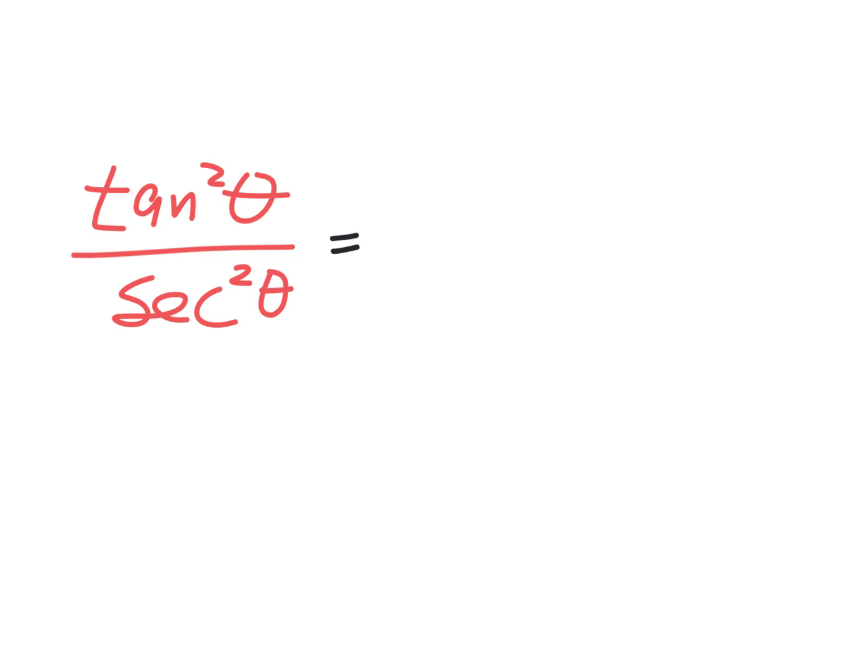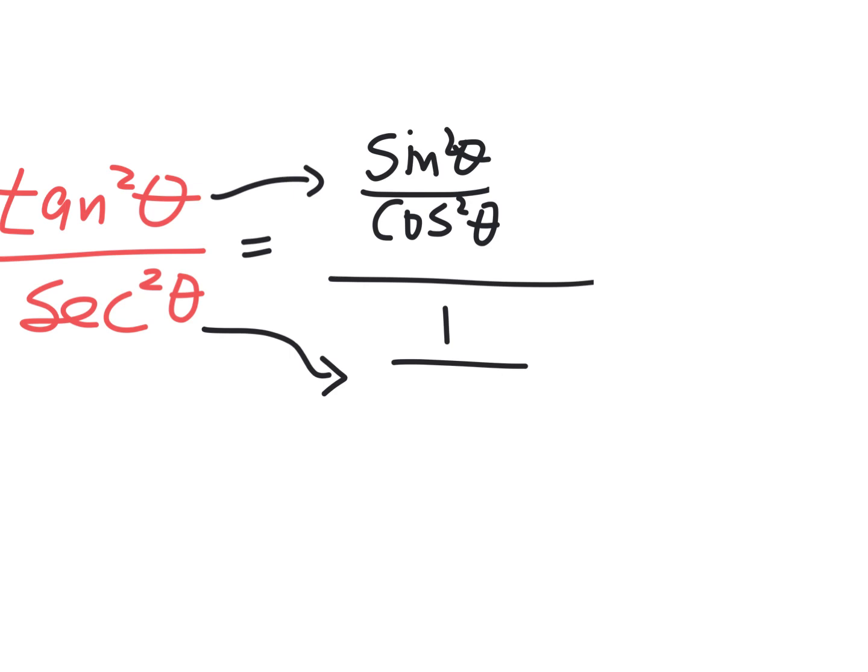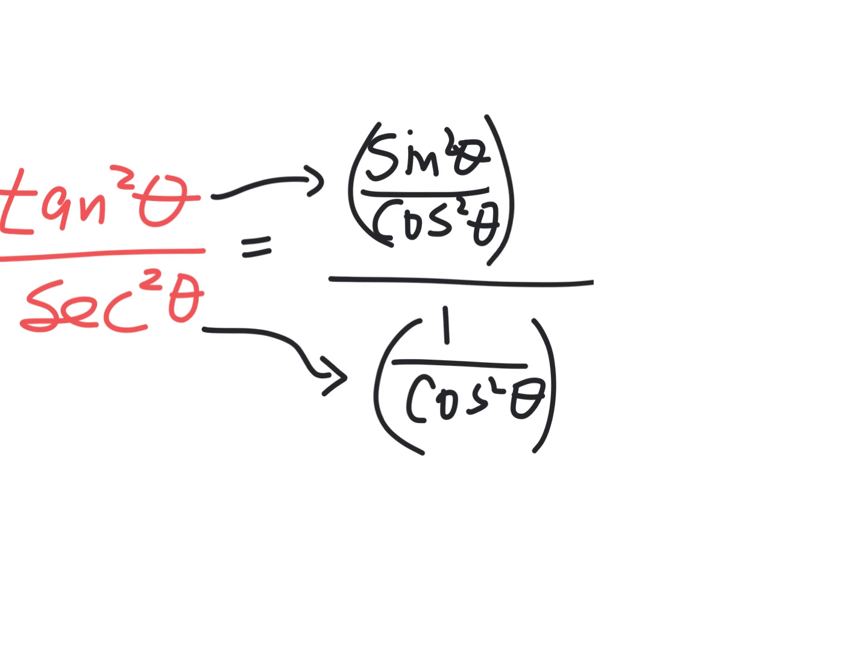All right, that tangent part, Iris, what would that be in terms of sines and cosines? Yep. And this secant, George, what would that be in terms of sines and cosines? 1 over cosine squared. Yep. And now, can you put it all together and simplify it all down?